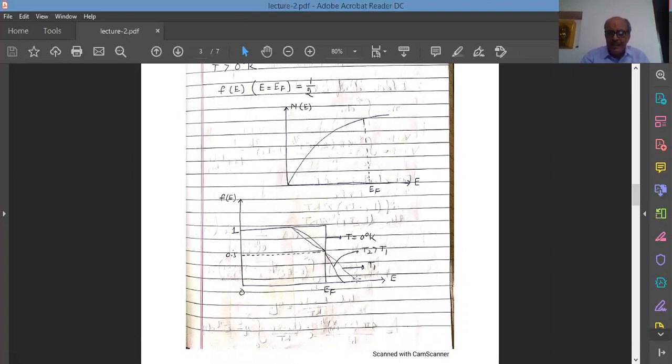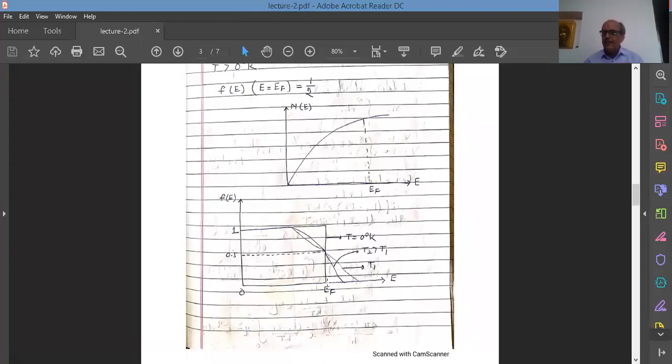But you will see that as the temperature increases, the tail of the curve basically moves close to the Fermi level. When you go into the details of Fermi-Dirac statistics, or the quantum statistics followed by the electron, you will come across the fact that not all the electrons contribute to the different conduction phenomena.